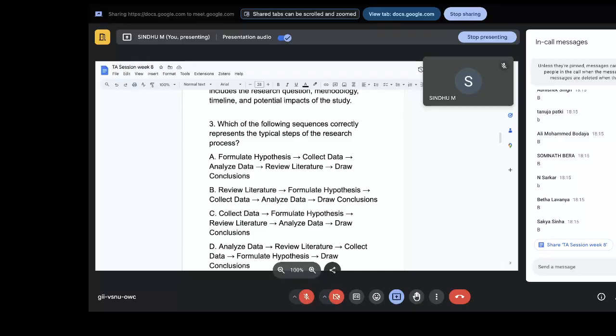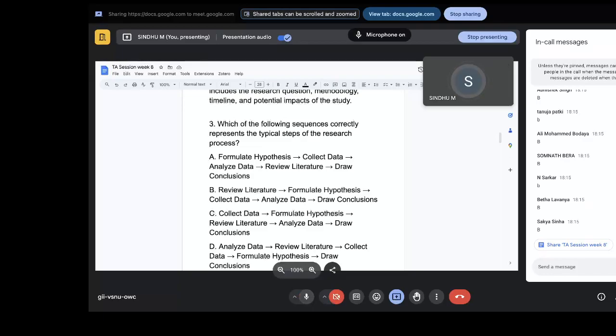But the other three options, like option A, first says formulate hypothesis, then collect data. It's not the procedure, because the literature review is done before data collection. Similarly, for option C, first collect data, formulate hypothesis, then literature review. It's not the exact procedure of conducting research, and option D also does not follow the process of conducting proper research.